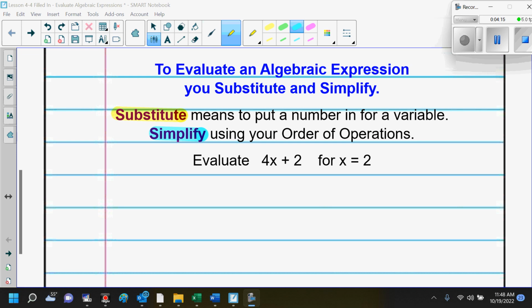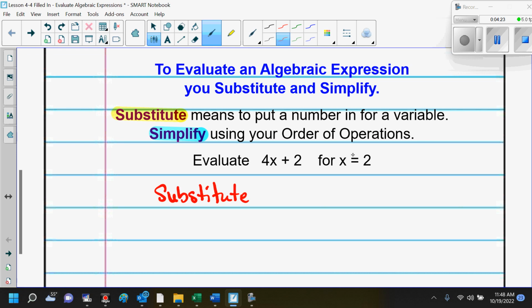So the first thing we want to do is substitute. Wherever there is an x, we're going to put in a 2. Is everybody with me? So we have 4 times 2 plus 2, because we know 4x means 4 times x.